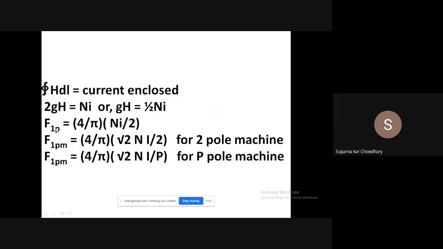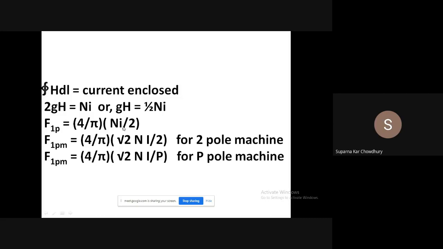If we consider only the fundamental, because we are mainly interested in the fundamental and the harmonic content is small, then neglecting the harmonics, the fundamental MMF, F1P, has a maximum magnitude of 4 by pi times Ni by 2.